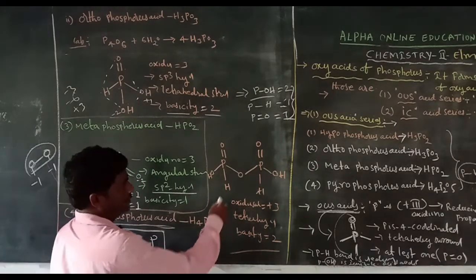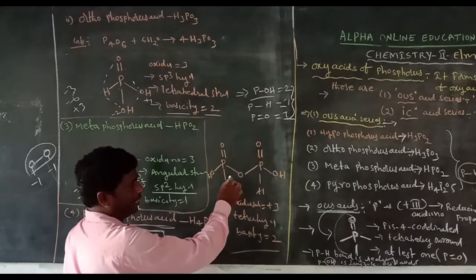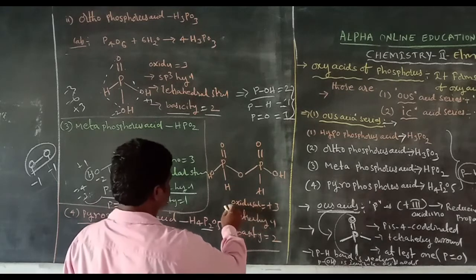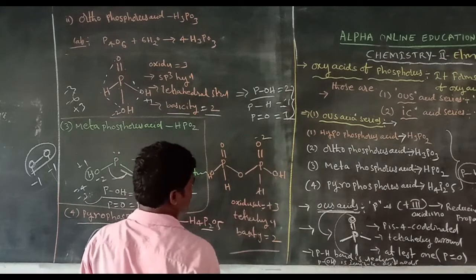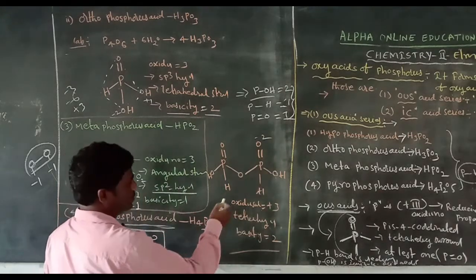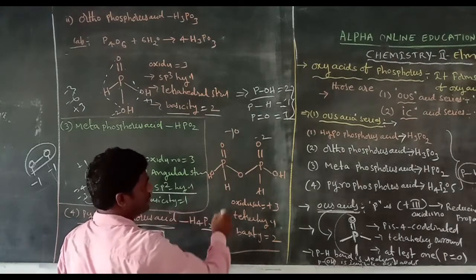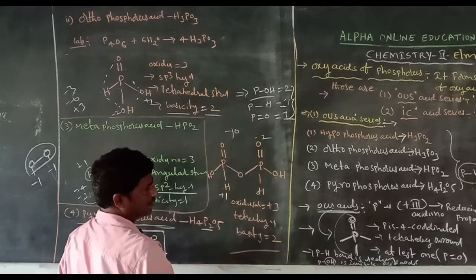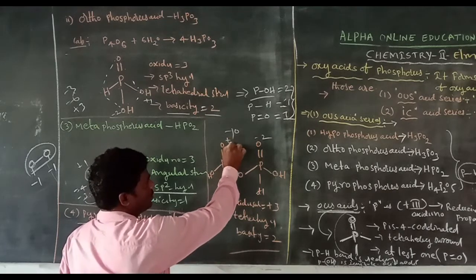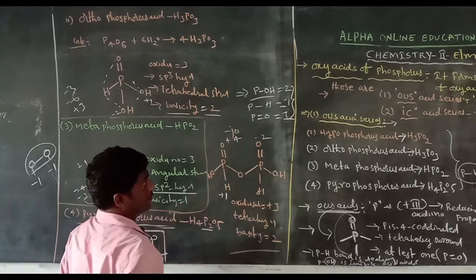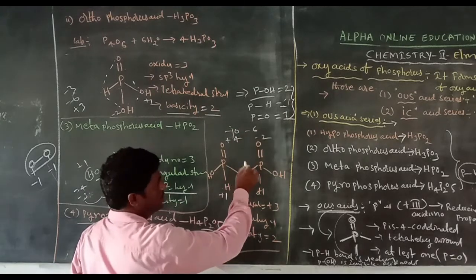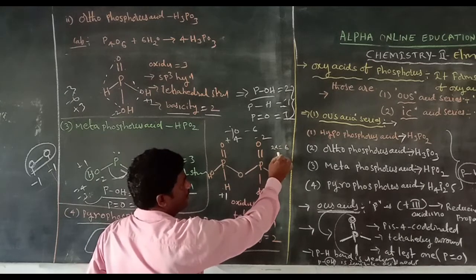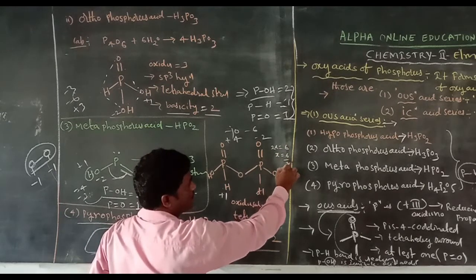Here the phosphorus central metal oxidation number is x. Each oxygen is -2, so 5 into -2 is -10. Next, hydrogens 1, 2, 3, 4, each hydrogen atom is +1, so +4. -10 plus 4 is -6. With 2 phosphorus atoms, 2x equals 6, so x equals 6 by 2, equal to 3.